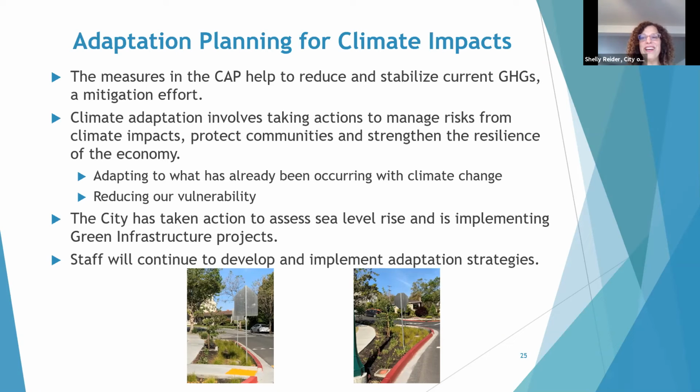I wanted to point out the pictures at the bottom, and this is a recently implemented green infrastructure project that's located near Taylor Middle School. Green infrastructure is a great resilient measure that helps to reduce flooding. It helps to prevent pollution from getting into our waterways, with all the floodwaters going down the storm drains, in our creeks, and out to the bay.